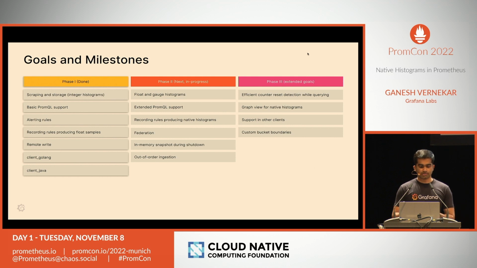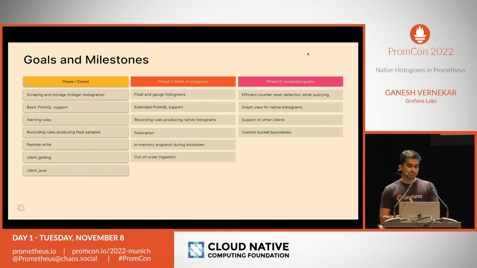So you can't template native histograms properly right now. And you can have recording rules right now which produce float. For example, if you take a quantile of histograms, it's going to give you a float value. But if the recording rule produces a native histogram right now, you can't store it because that's a float histogram, which we don't support yet.